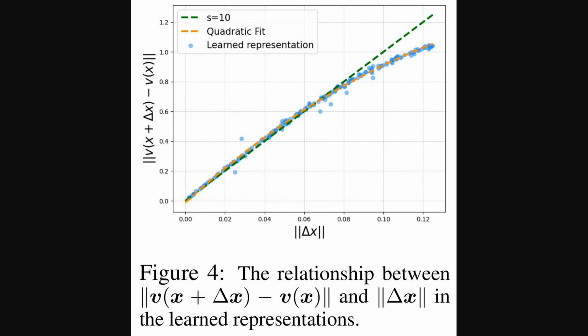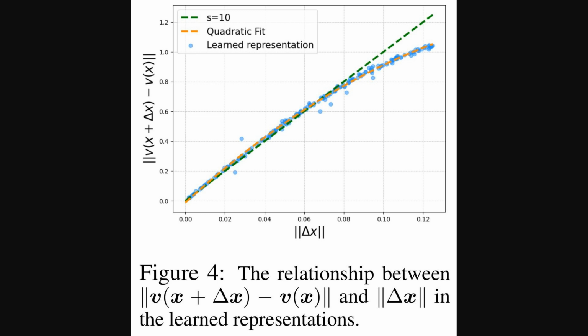So after seeing how the scaling factor influences the grid pattern scale, Figure 4 here provides a direct look at how well these learned representations actually preserve distances. We're looking at physical distance moved on the horizontal axis, that's delta x, versus the change in the neural activity pattern on the vertical axis, the difference between Vx plus delta x and Vx.